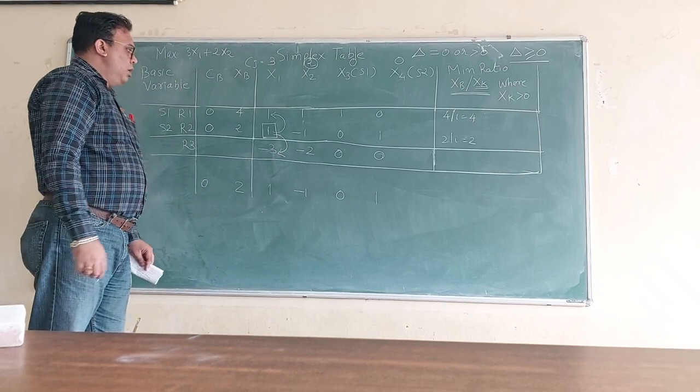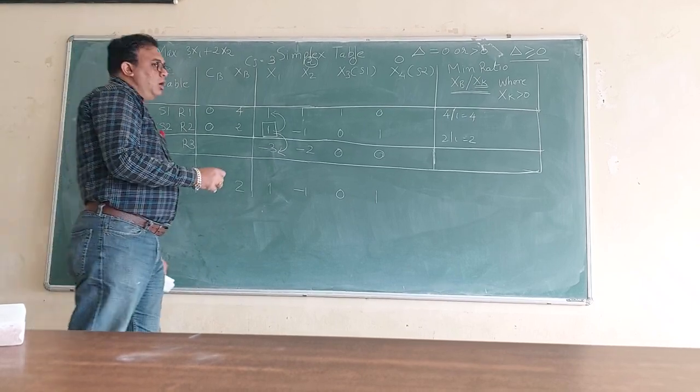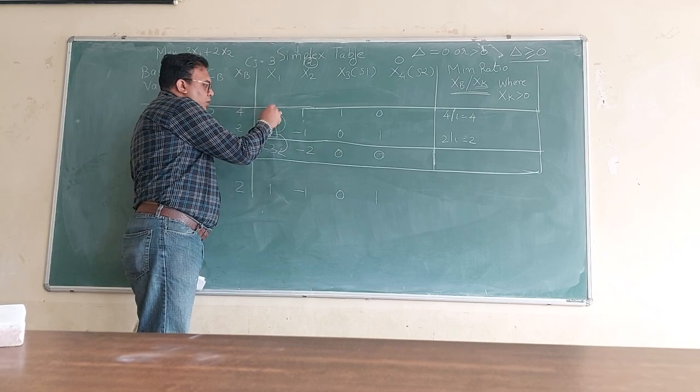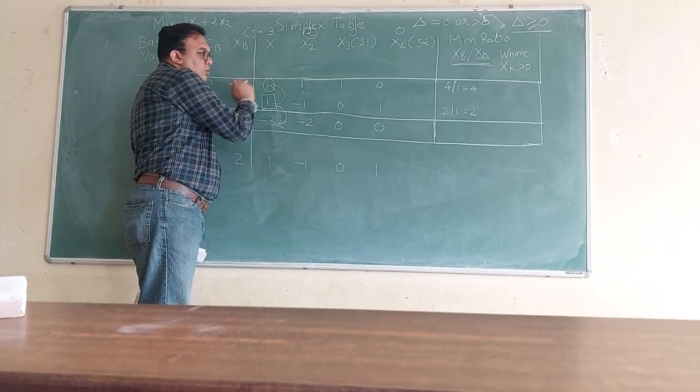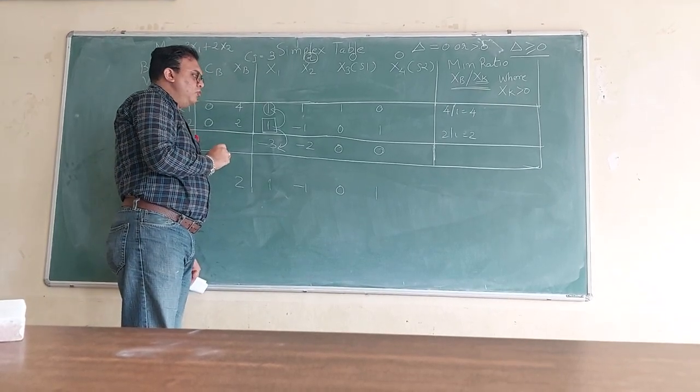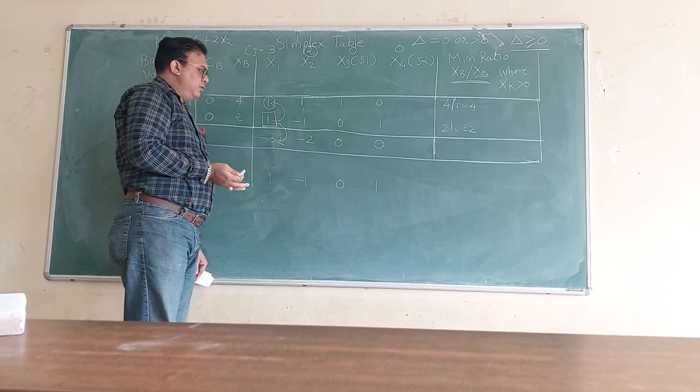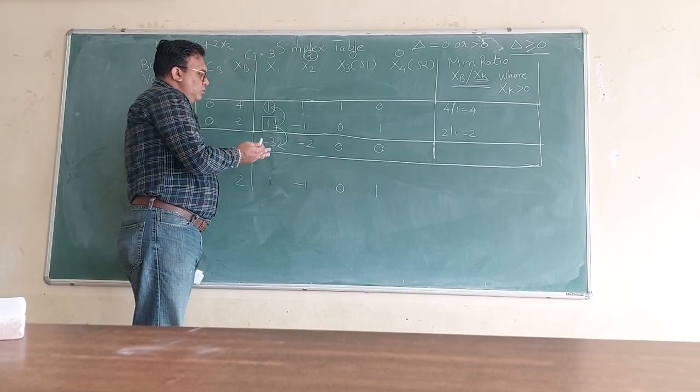Okay. Now, as per the rules, we have to convert this value as a 0. So what logic do we apply?